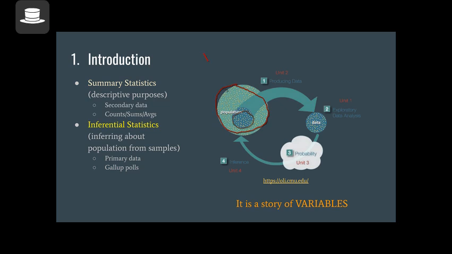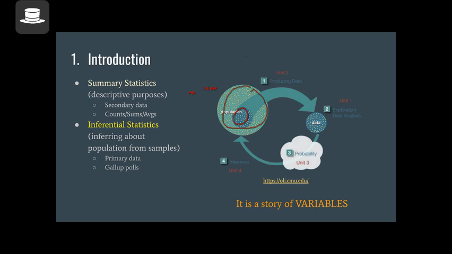And these questions are invariably about variables. Here, the variable is opinion about the death penalty, or whether the majority of people are in favor of the death penalty. So then you randomly select a sample of, say, 1,000 individuals. So the size of the sample is 1,000.